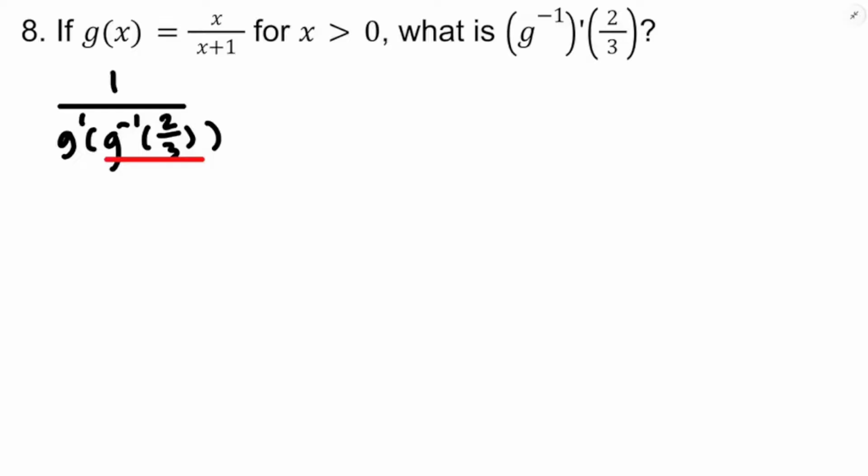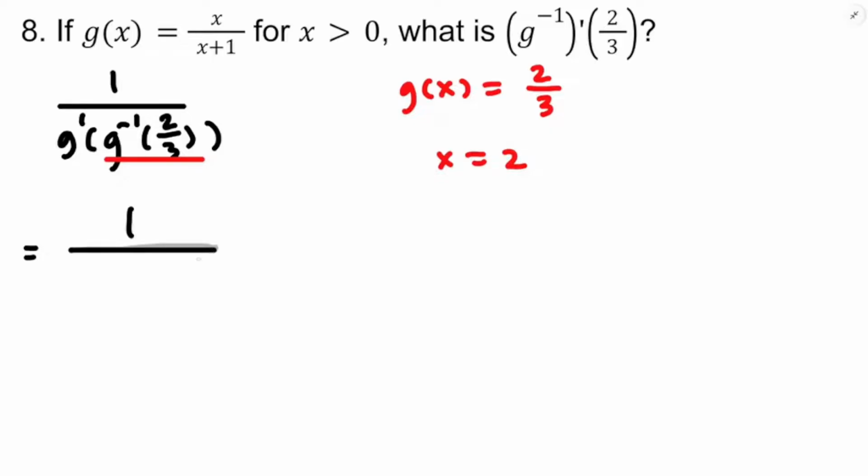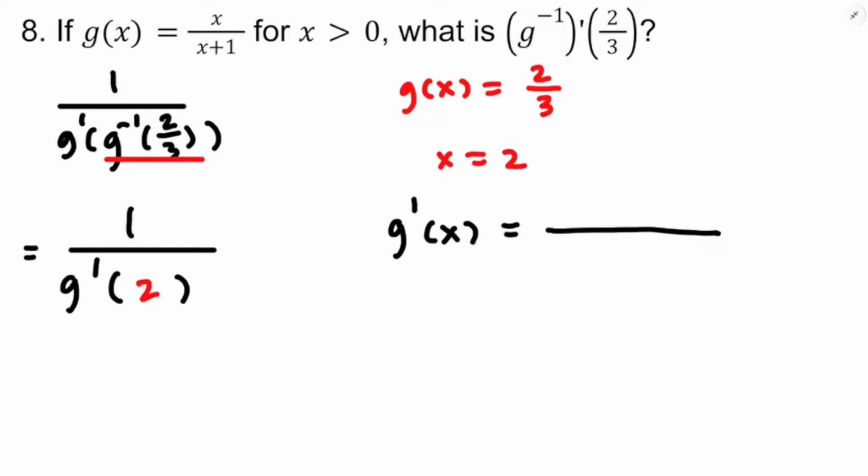So anyway, g inverse of 2/3. g of x equals 2/3, x over x plus 1. That's going to be x equaling 2. So I'm interested in 1 over g prime of 2. And I'm going to need to take g prime of x using the quotient rule.